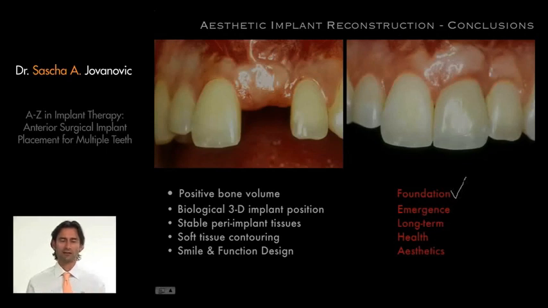So that's an area which we have to be careful with. The second problem we have with multiple implants is that the 3-dimensional implant position is often compromised because of spacing. Often we don't have enough space to place the implant. So we need to diagnostically measure it very carefully.